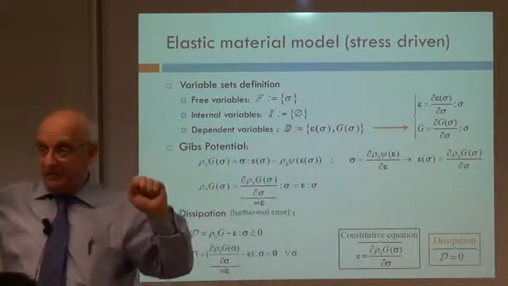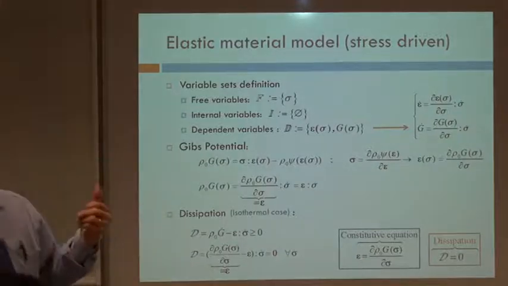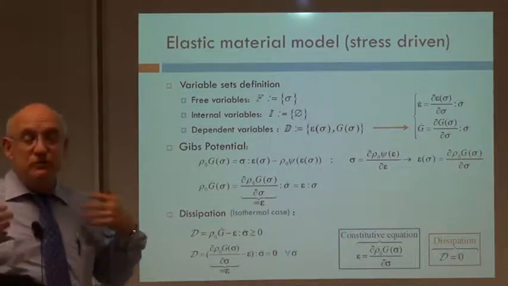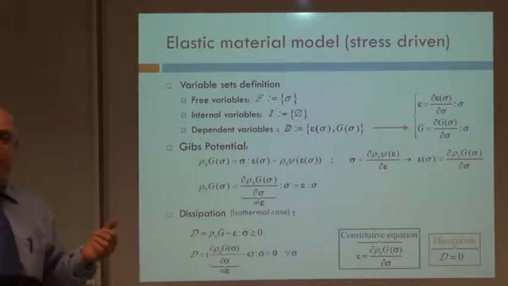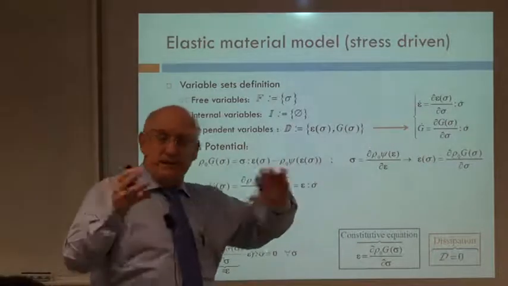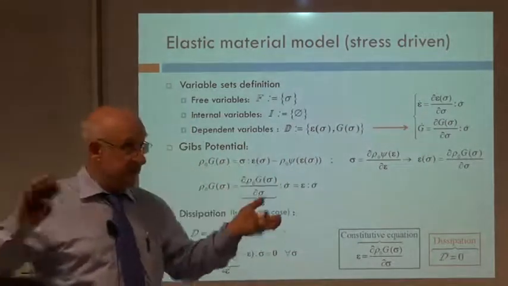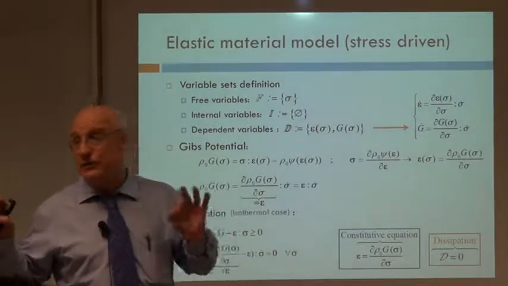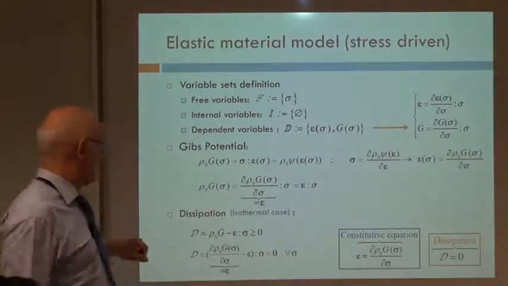So conceptually, according to the definition I gave previously, this is an elastic material. So I should recover the properties of elastic materials: typically a proportional or linear dependence of the strains versus the stresses, and zero dissipation. Let's see.